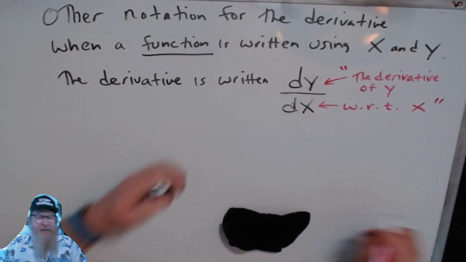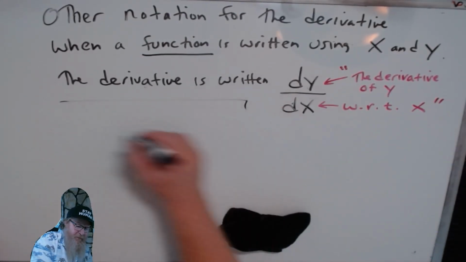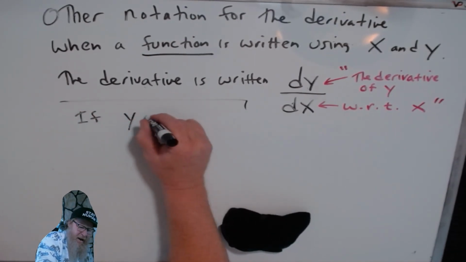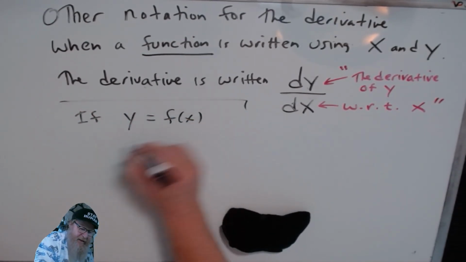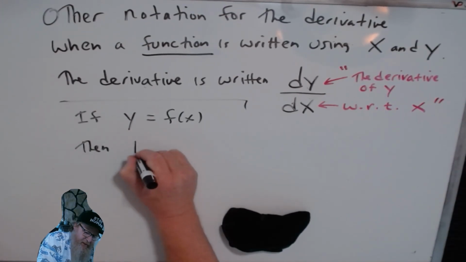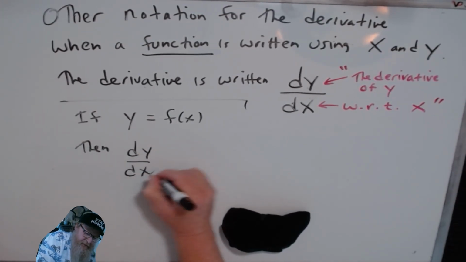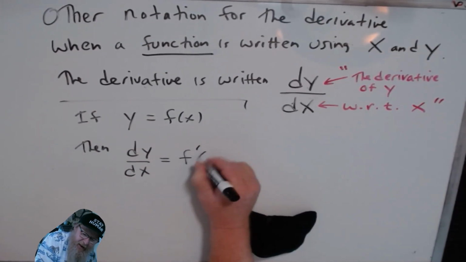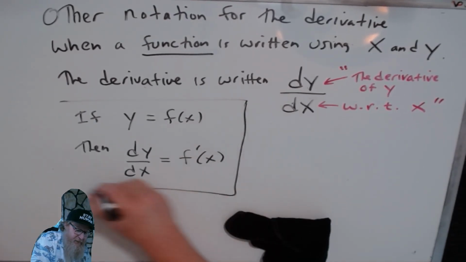All right. So note, if y is a function of x, then dy dx is just another way to say f prime of x.